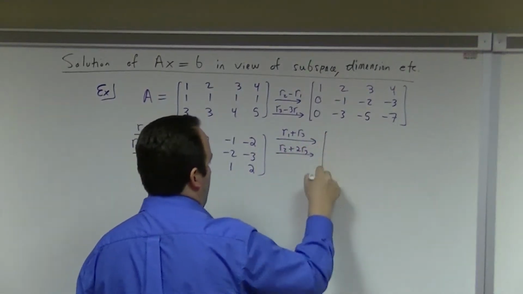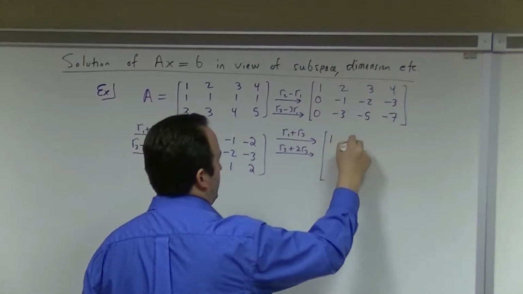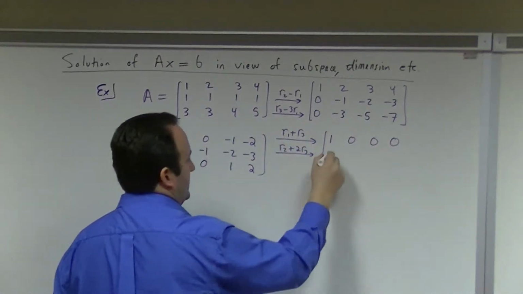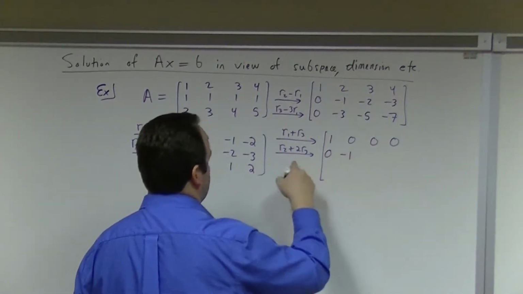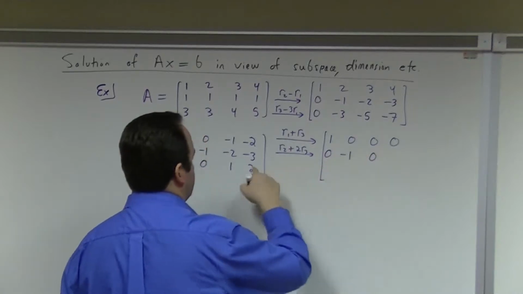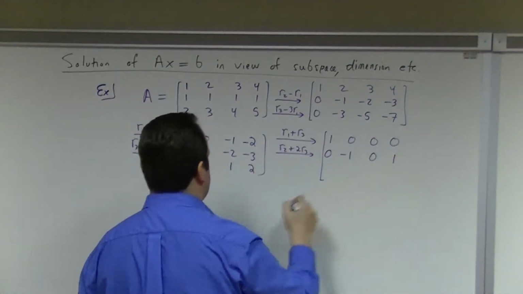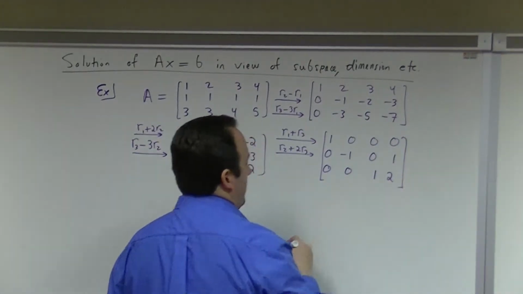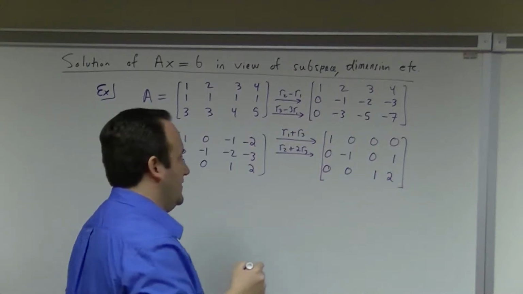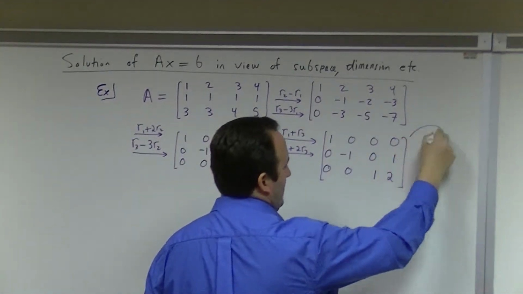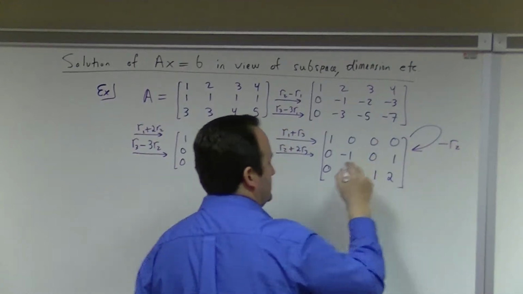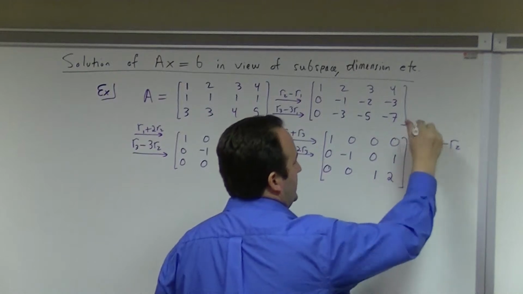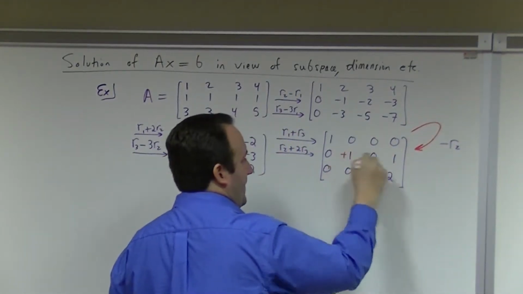What do I get? 1, 0, 0, 0. 0, minus 1, 0, 1. 0, 0, 1, 2. And then finally, minus row 2.